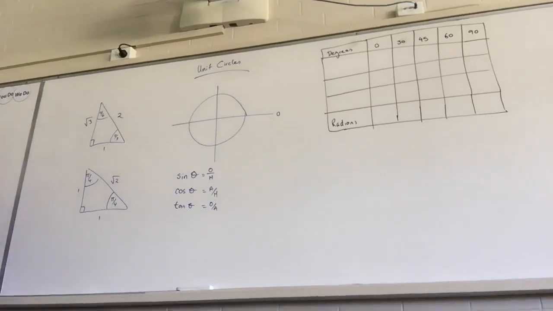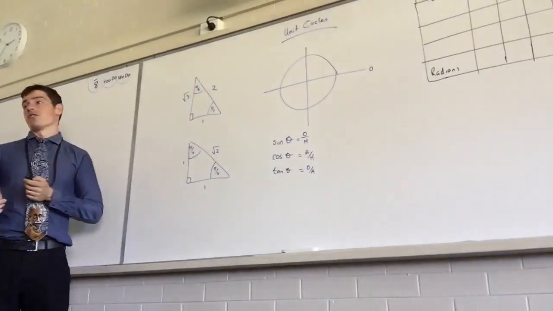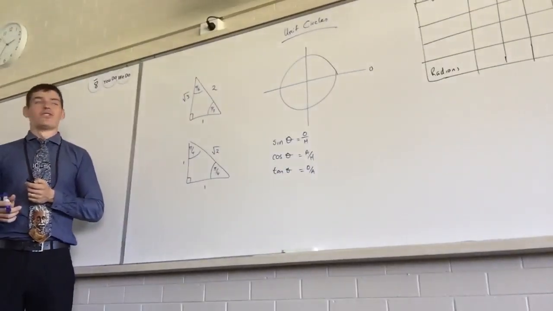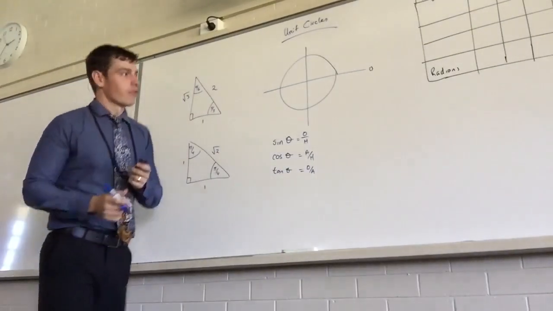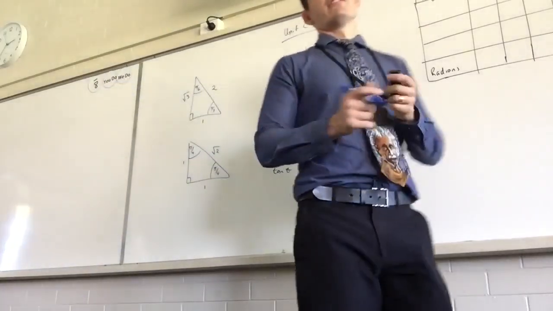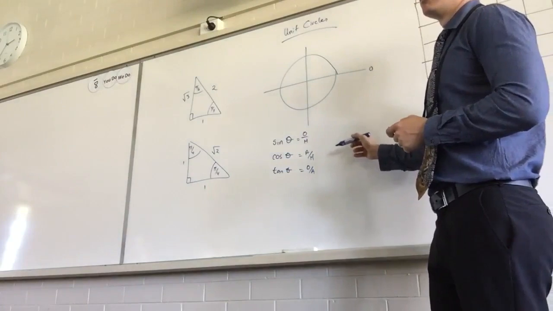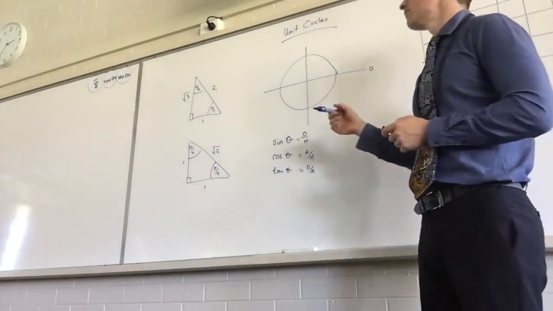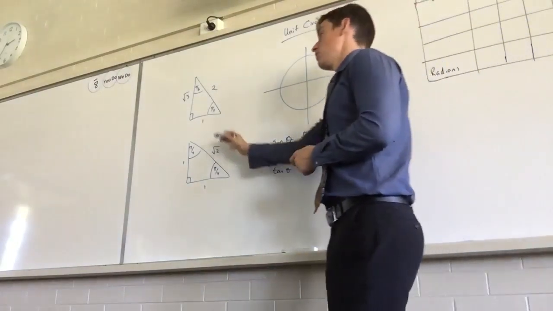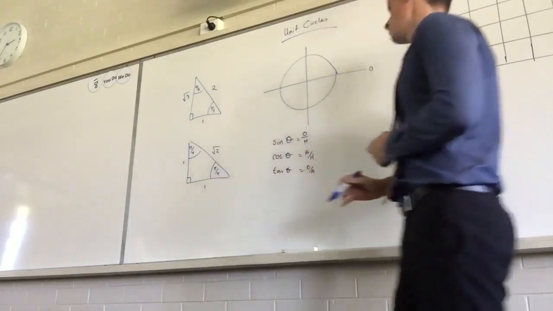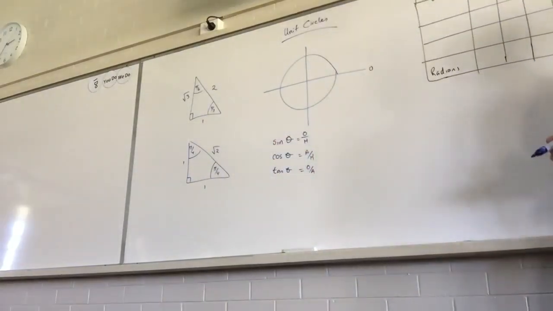Does that make sense? That doesn't help us with our exact values though, does it? Not initially. But if we go back to the definition of what sine, cos and tan are, we can get an idea. So we're going to fill out this table together using this information and the data we have here.